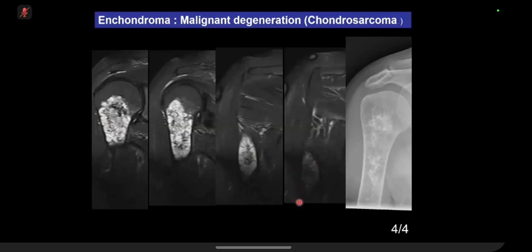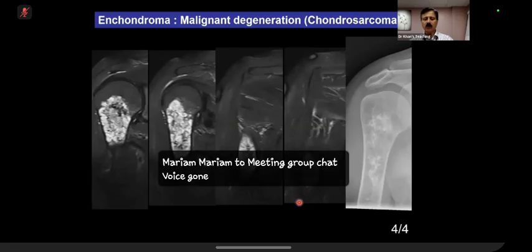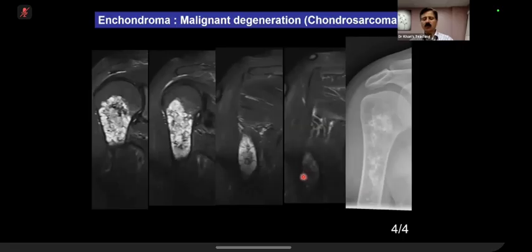It's not a very good example to show you for the exam, but it's a real life example. So I'm showing you, actually this correlated with this, and this proved to be a chondrosarcoma. So the take home point is that when you compare with the previous X-ray, this is something which you have to pick up. This particular case is more for teaching than for the exam. Otherwise, it's not a very good quality for the exam purpose, I mean to say.